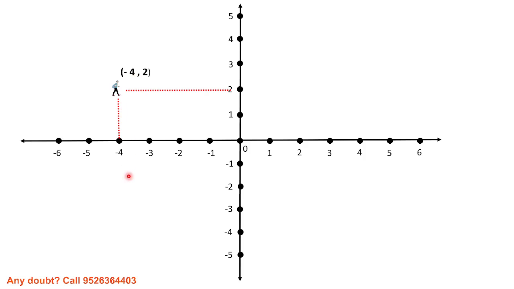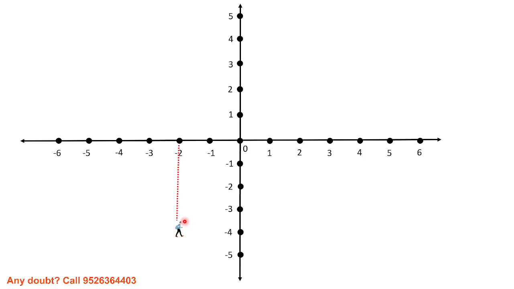Clear? So next, let me give you more examples. He has traveled to this position. He was at 0 initially. Where is his position? How do we express his position mathematically?